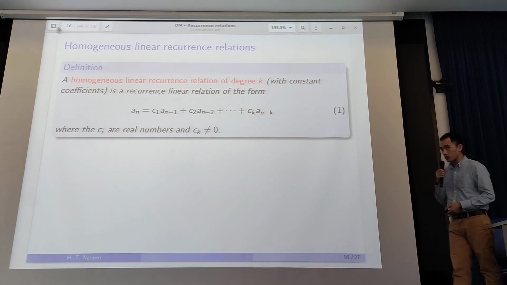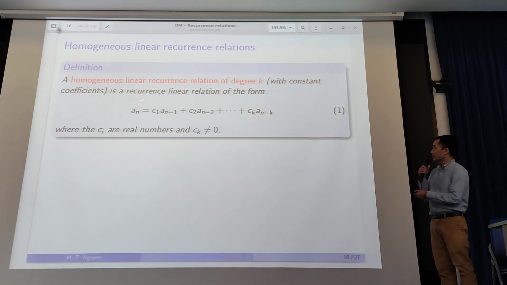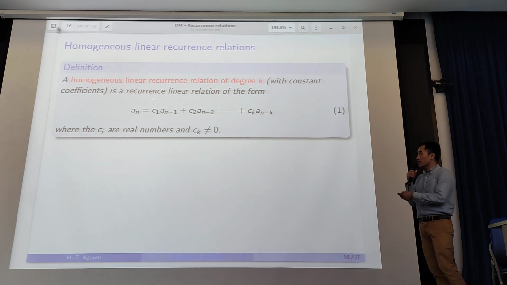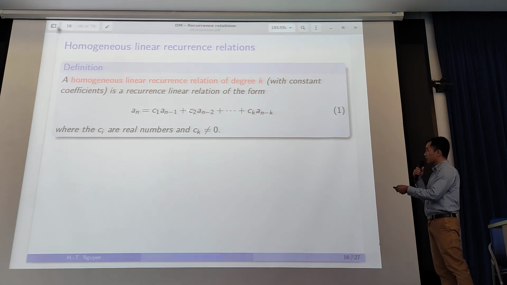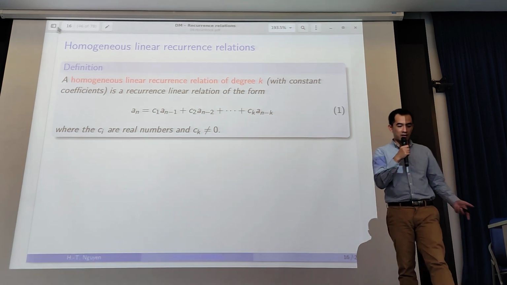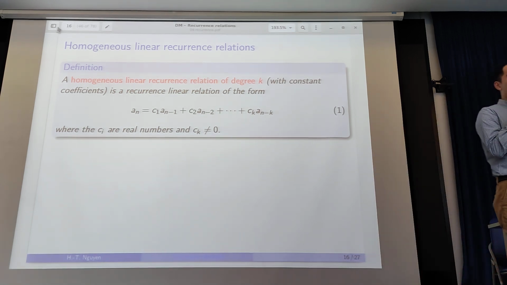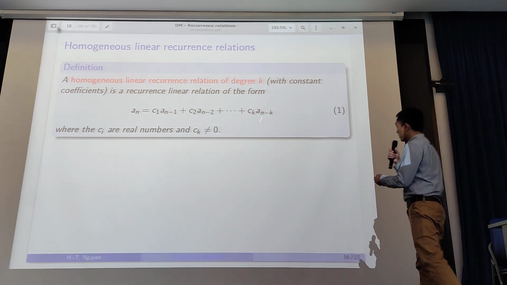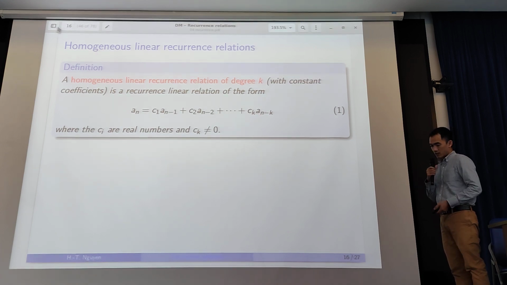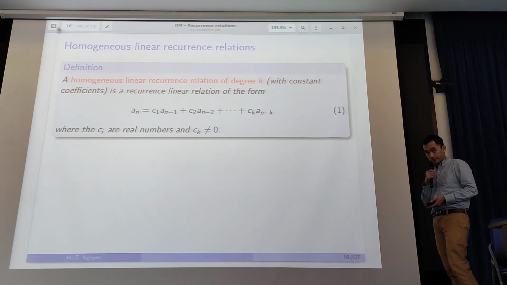That means that in order to calculate an, we need to go back k terms. Okay. So if a term is not present in the relation, then it simply means that the coefficient is 0. Okay? But we need the last coefficient to be non-zero, so that this relation is determined uniquely.